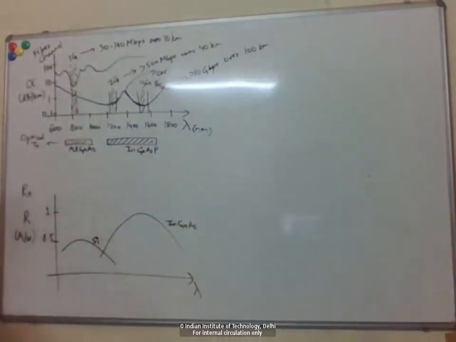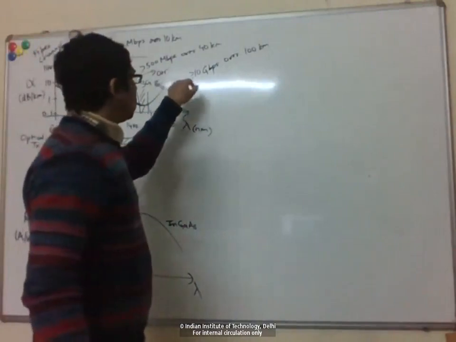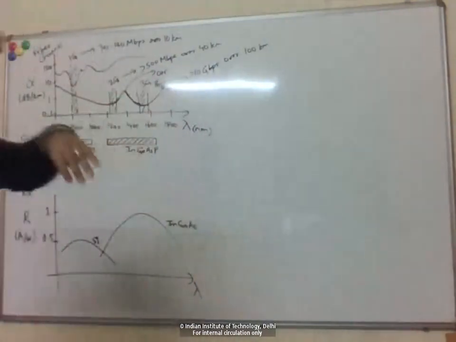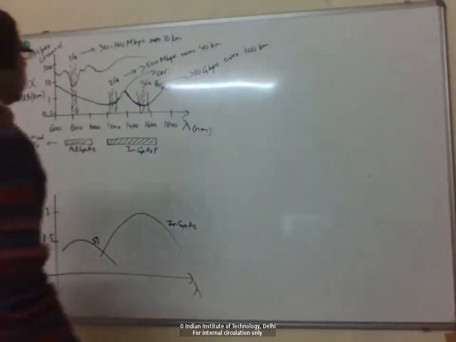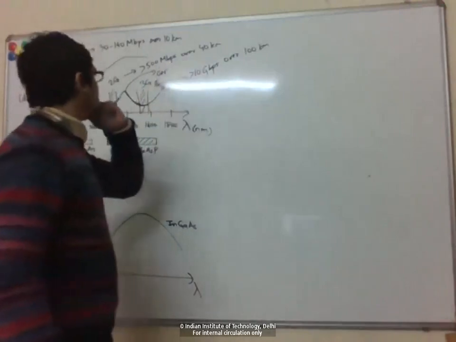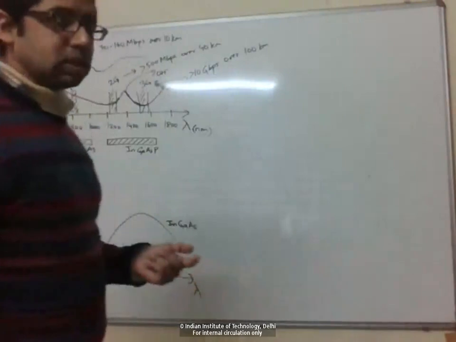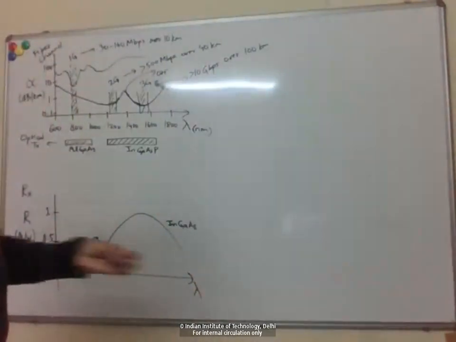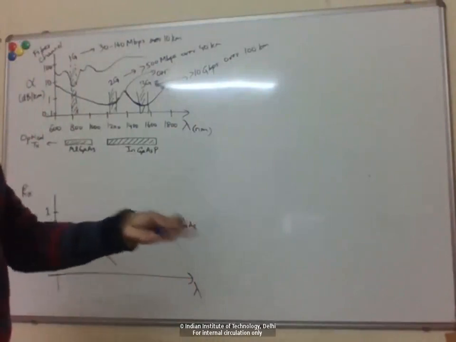Okay, and then to increase distances further, if you want to go to now 1000 kilometers and intercontinental distances, global connectivity, then you have to use repeaters. So even for 0.2 dB per kilometer, 100 kilometers means 20 dB loss, so that's only 1% of the power remaining. So still you need repeaters.